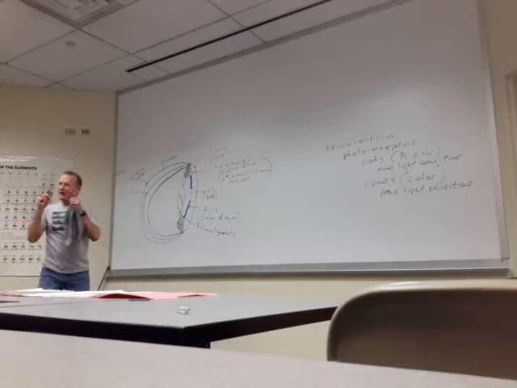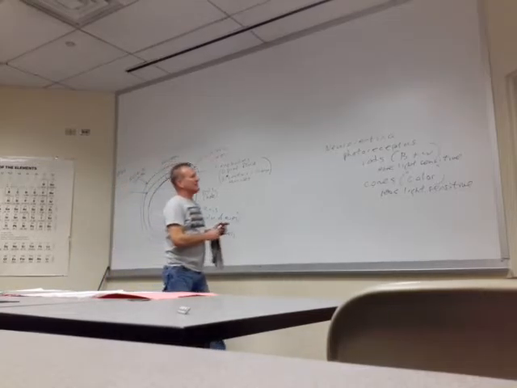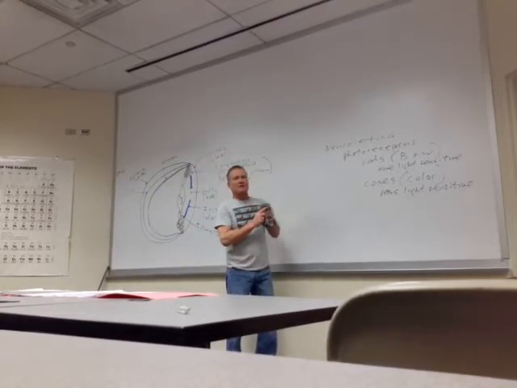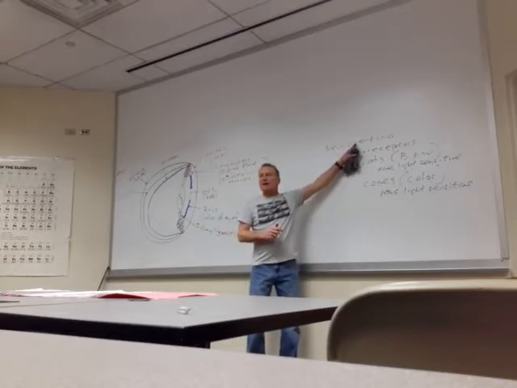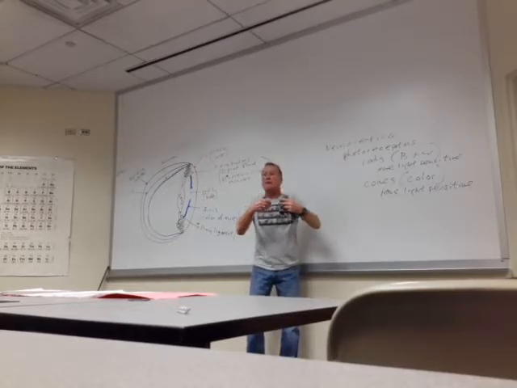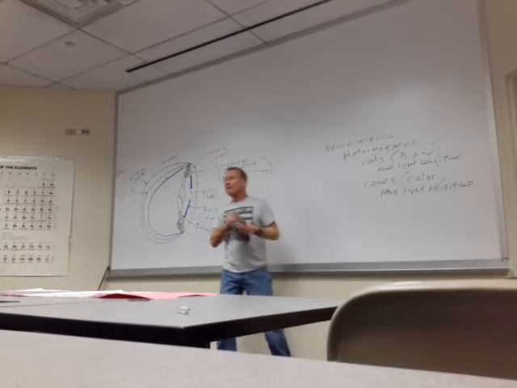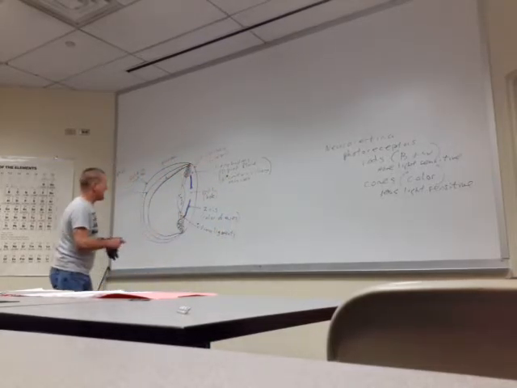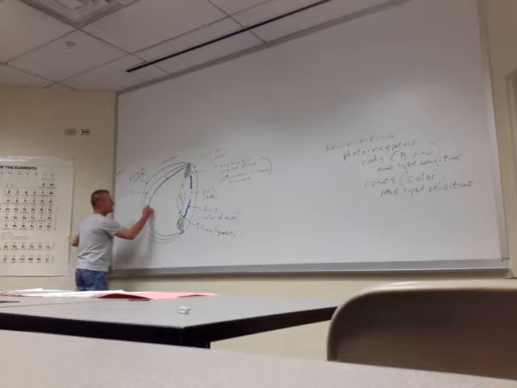Now look, wrap your brain around, stop whatever you're doing and pay attention, please. Not that you're not paying attention, but I don't want you to think that the retina is one thing and the photoreceptors are something else. No, the retina is the photoreceptors. The photoreceptors comprise the retina. This is just a diagram. So we're trying to show that the photoreceptors are on the back side of the neuroretina.